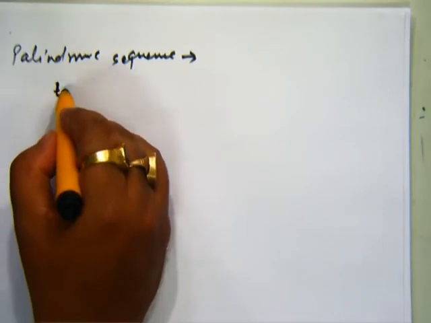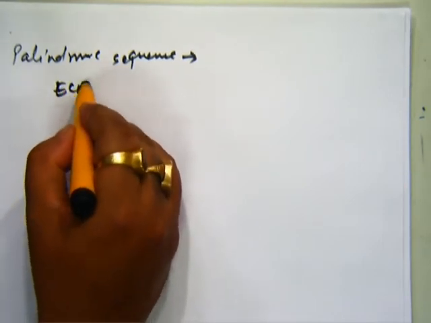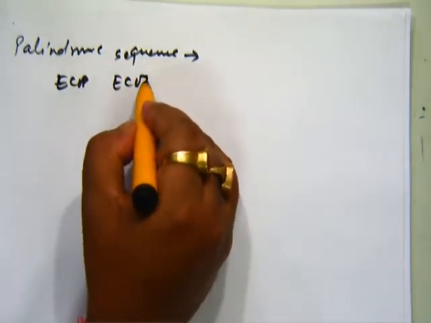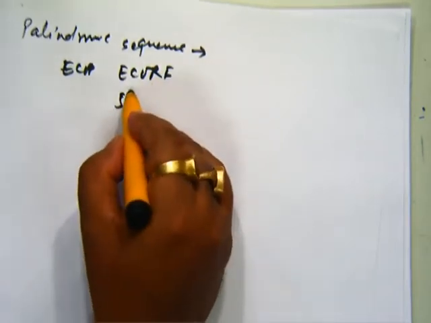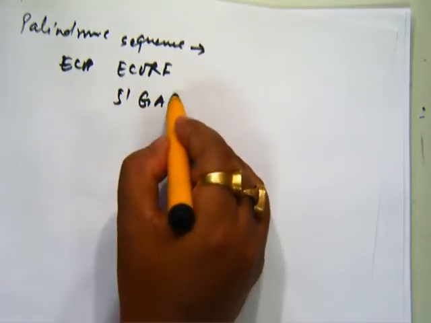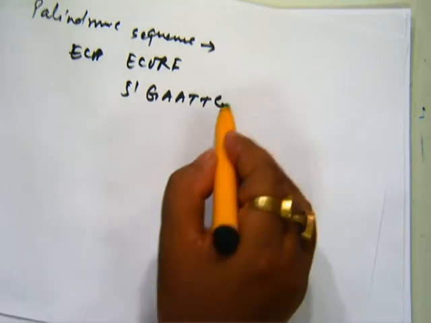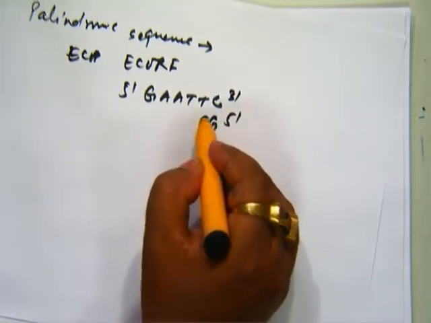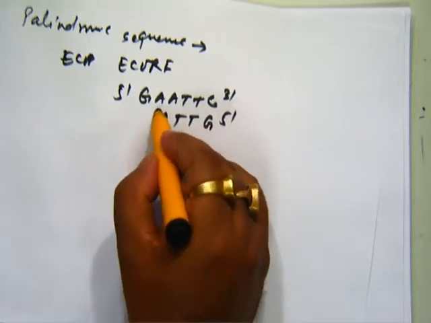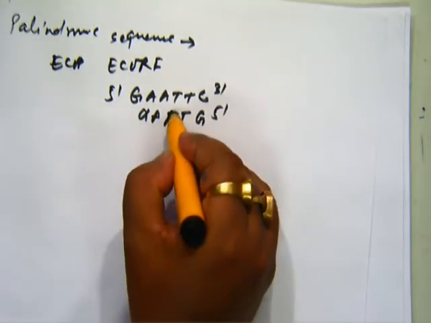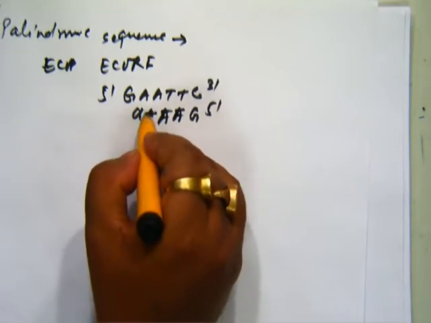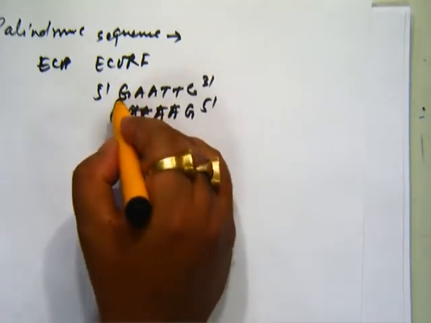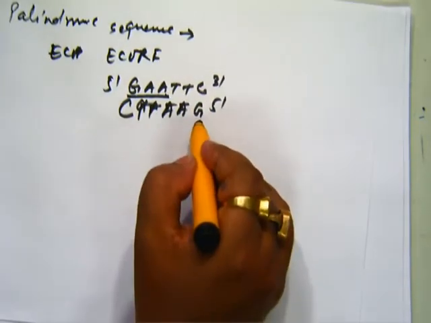For example, EcoR1 is a restriction enzyme, and if we see its sequence, 5 prime GAATTC, and the other strand also reads GAATTC.